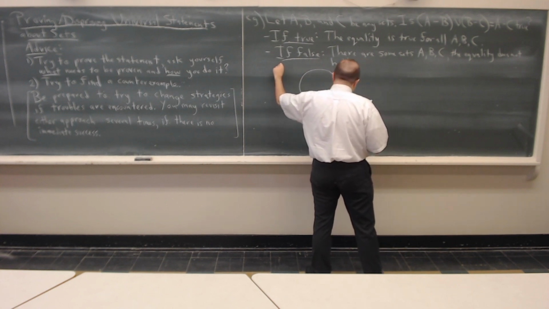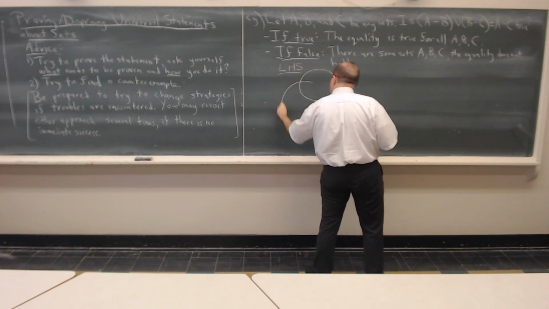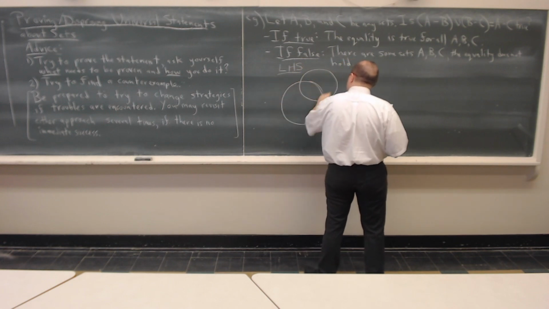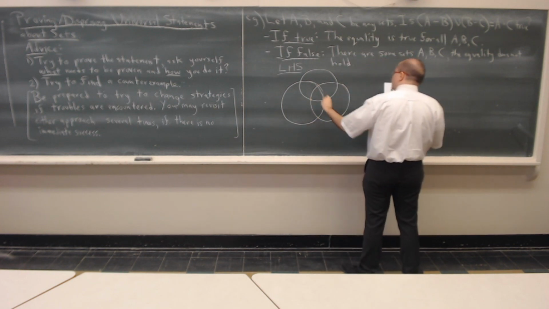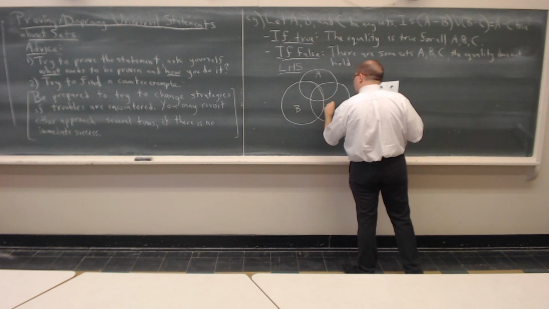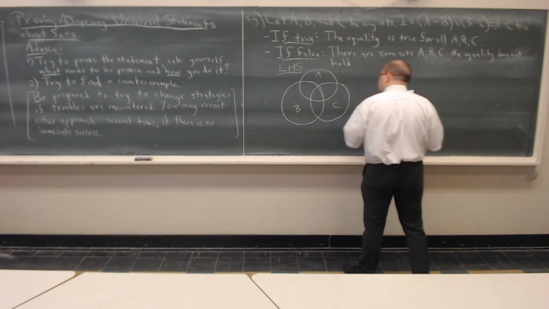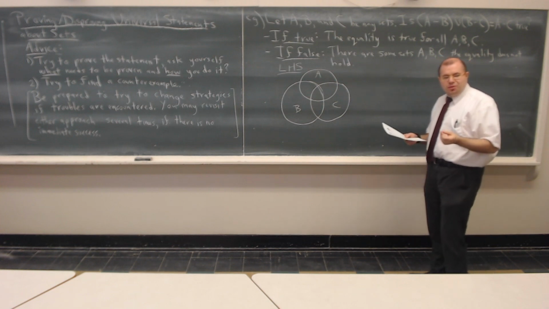So this is going to be my left-hand side here. I have 3 sets. I'm going to call this one A, I'll call this one B, and I'll call this one C. Remember, I said these are not pairwise disjoint. They all overlap.